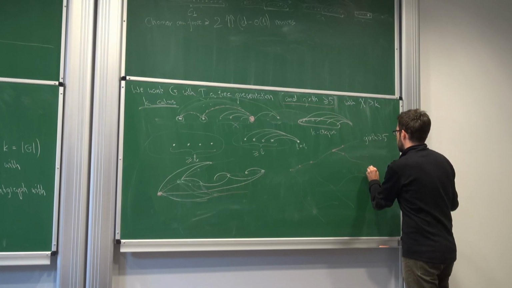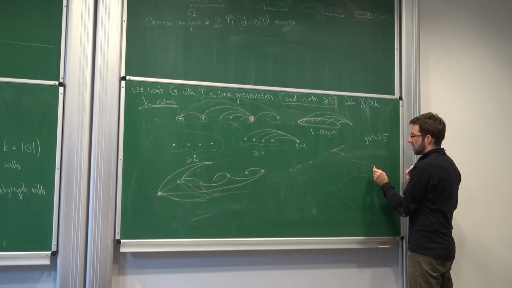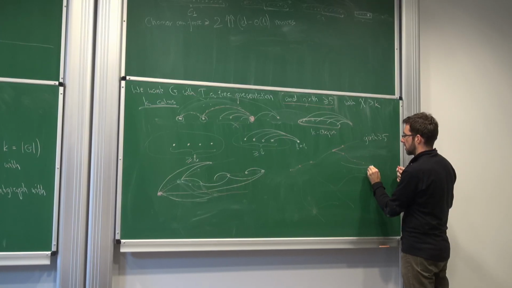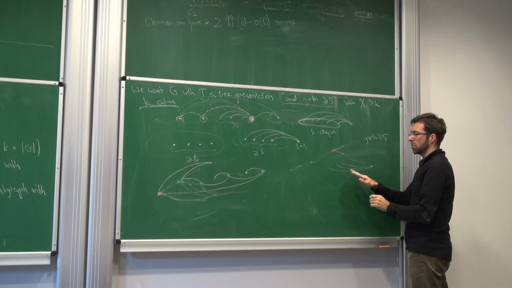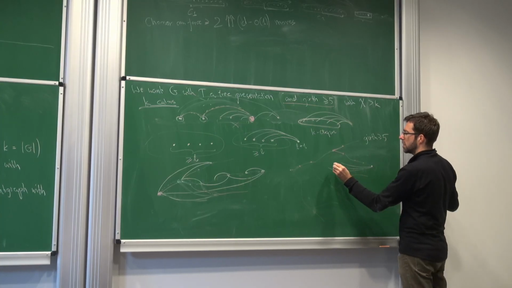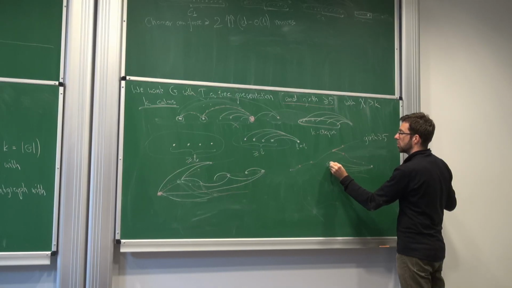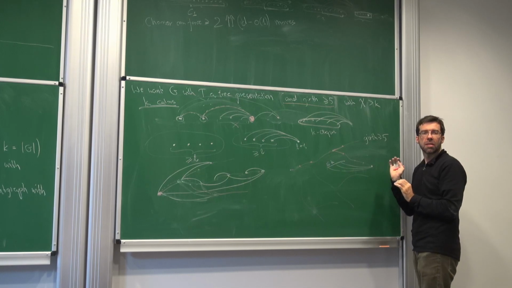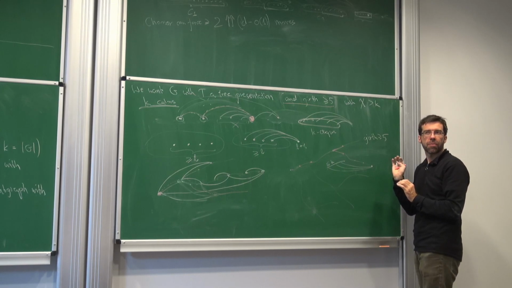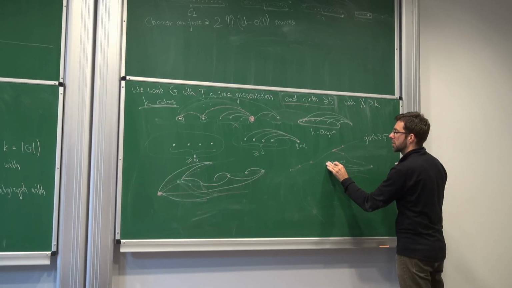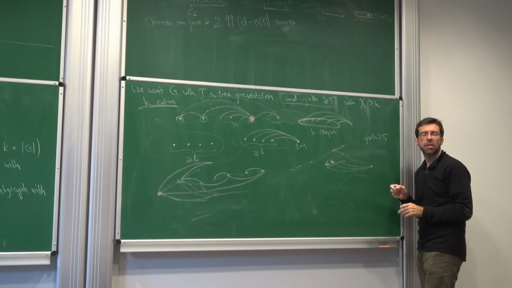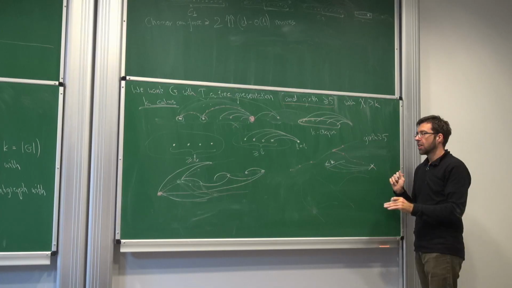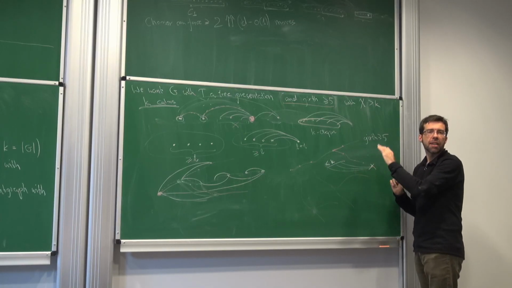What we can start doing: if there is a leaf which has strictly fewer than k neighbors somewhere here, then I can cut it off, and the chromatic number is still greater than k.